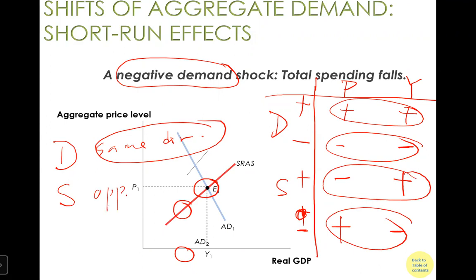But how are we going to use this observation? This is going to help us to identify the culprit of an economic problem, or help us to identify the cause of the economic fluctuation.